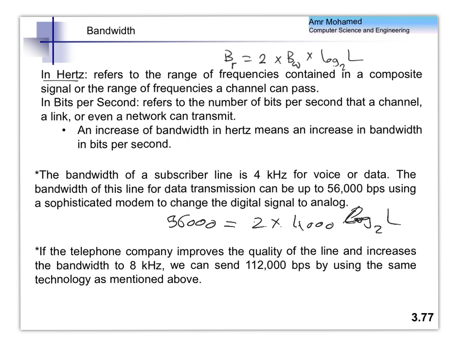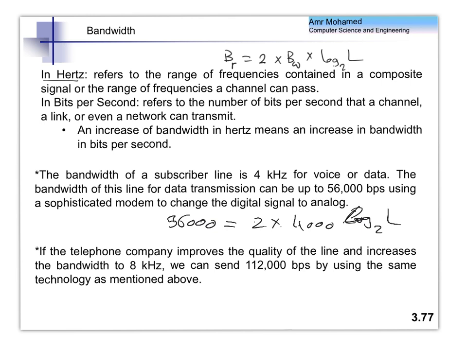So 56,000 divided by 8,000 is 7. So log 2 of L is 7, and the number of levels is 128 different voltage levels.